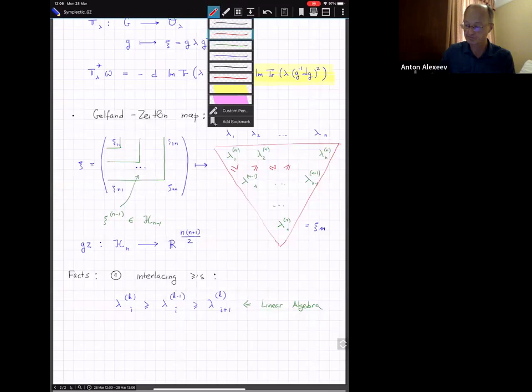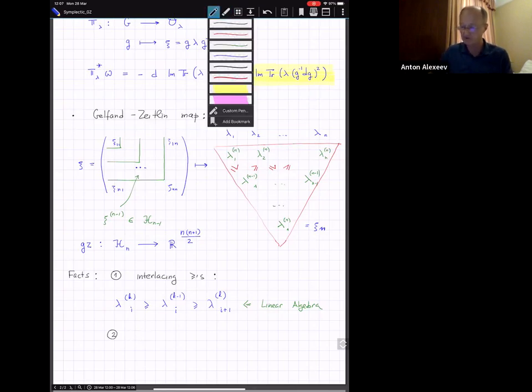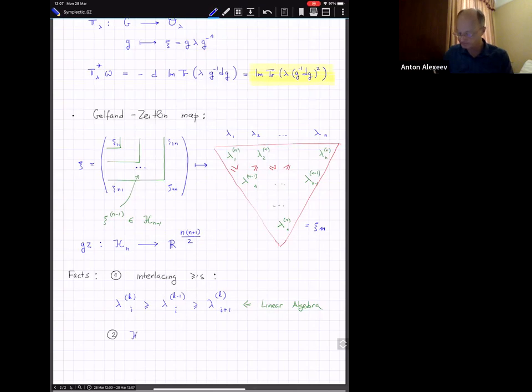Now the second remark, we can consider Hn reg, and let's define it as the set of xi's for which all inequalities in the triangular tableau are strict.